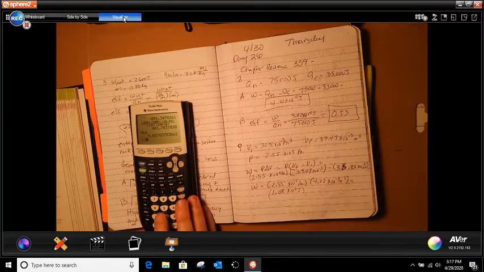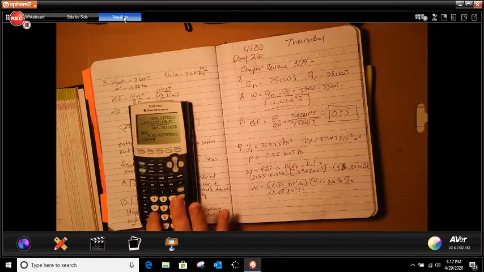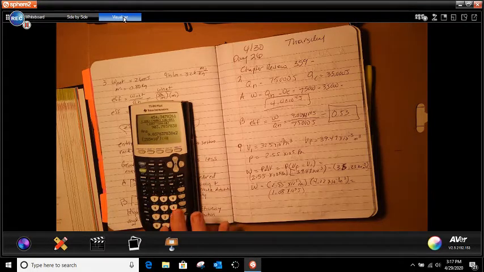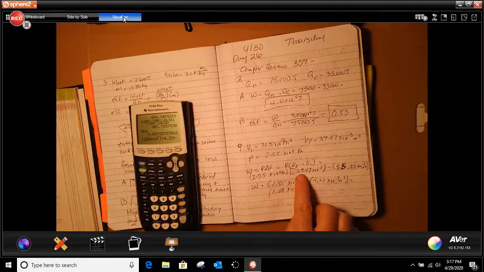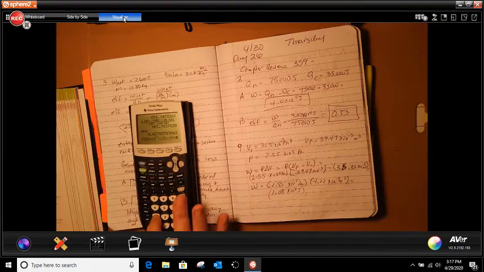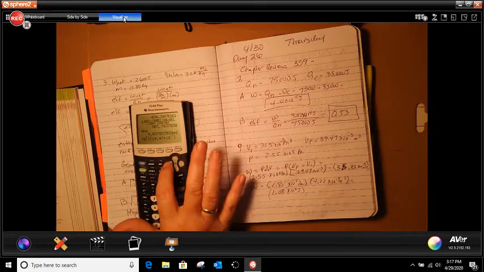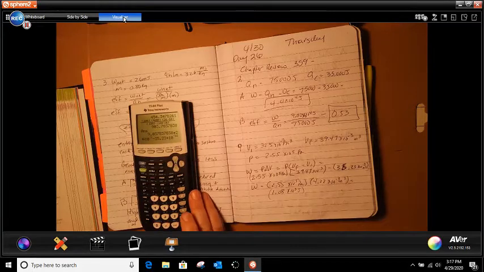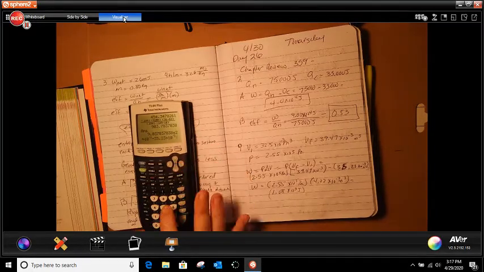Let's do open bracket 255 times 10 caret 5, close bracket, open bracket 39.47 times 10 caret negative 3, close bracket, subtract 3.5, 35.23 times 10 caret negative 3, and then close it.